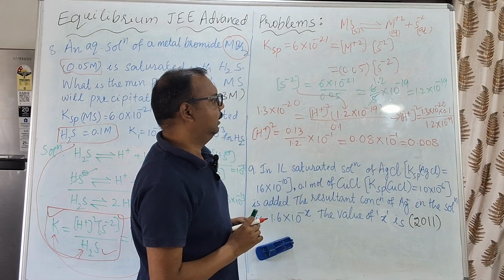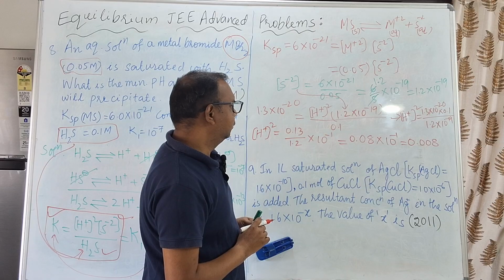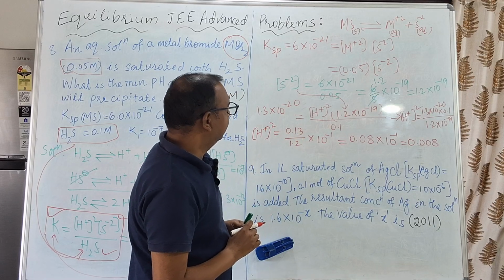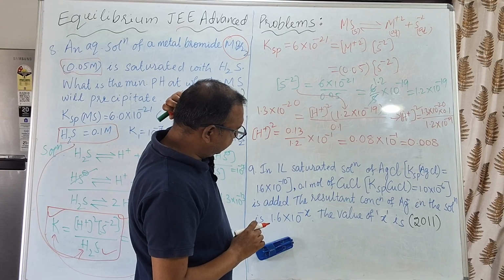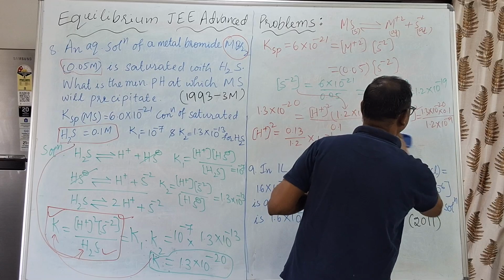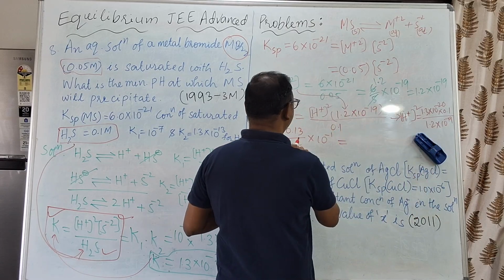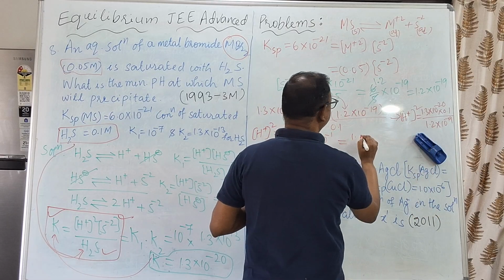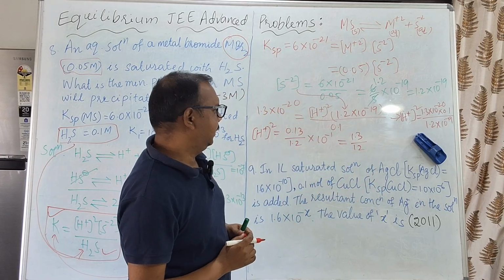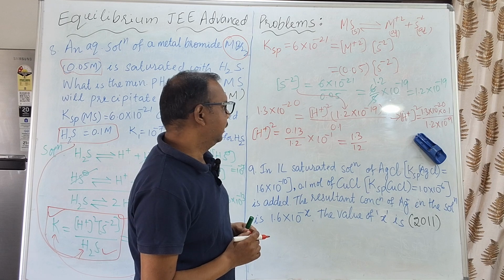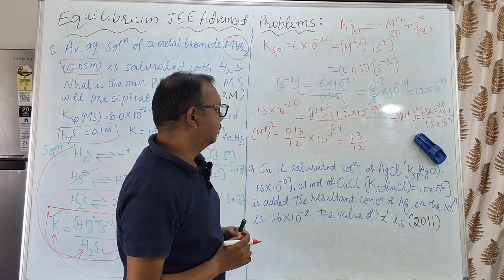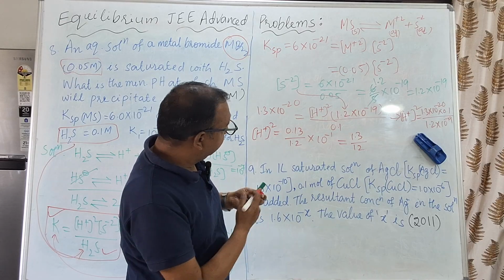Then we can write the concentration of H plus in one more step. I am going to simplify this somewhat. What decimal will be removed? 1.3 by 12 can be written. Okay, 0.08, we can write it. One more step also we can do that.